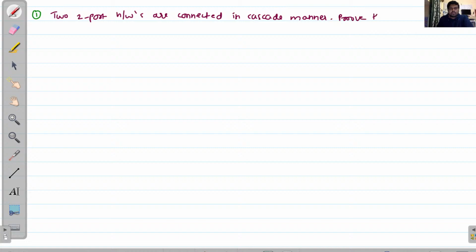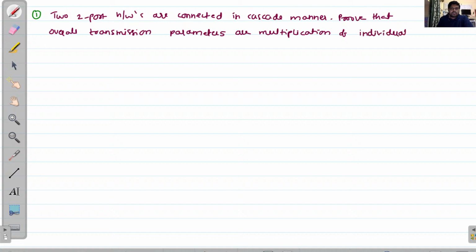Prove that overall transmission parameters are multiplication of individual transmission parameter matrices. This is your question.